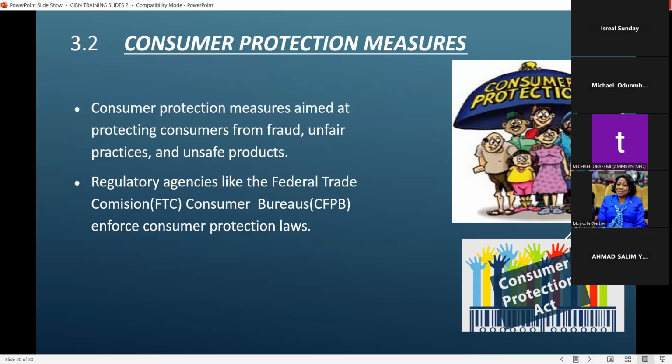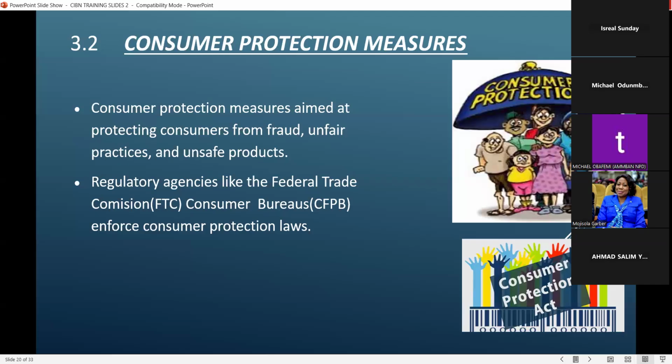We know within ourselves. Are we cheating our customers? I don't know the nature of business we do. Are we the type that, for example, you go to a filling station and you see them adjusting their meter? That's an unfair practice to consumers, because already the cost of fuel is high and you are now tampering with the meter again. That's unfair and fraudulent. And also, it makes your product unsafe.